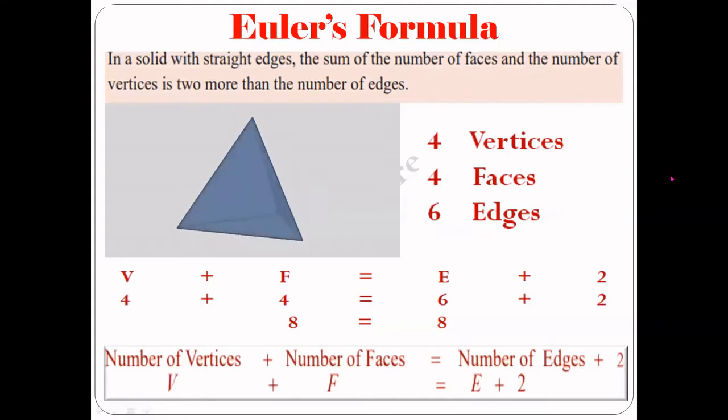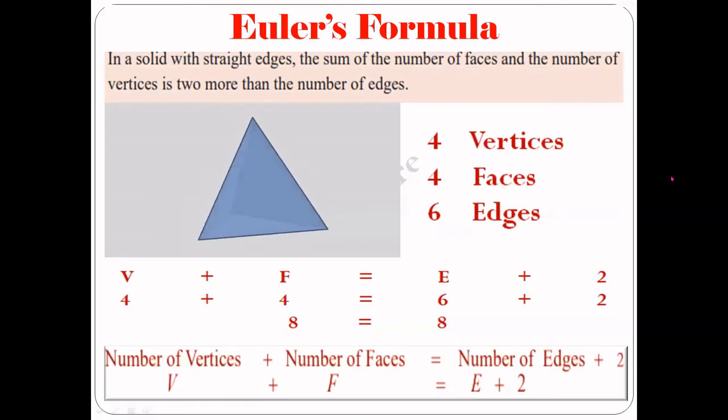When you add number of edges to 2, then right hand side is also 8. 8 equals 8. So left and right is balanced. So this is an equation. Both sides are balanced. So Euler's formula is also a type of equation.